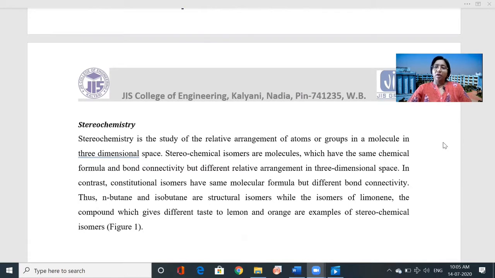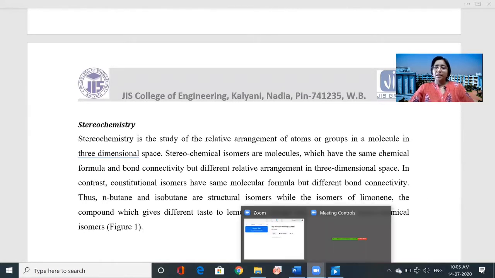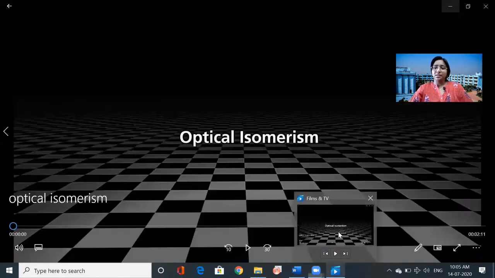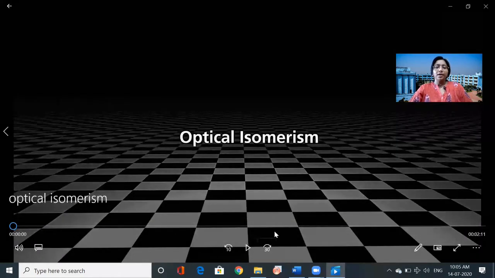We write the formula in two dimensions, but molecules are basically three-dimensional objects. If you see how it moves and how it remains in space, then you can understand all these things easily. So now have a look.